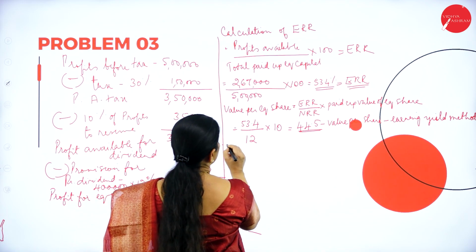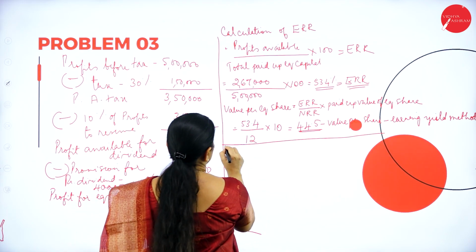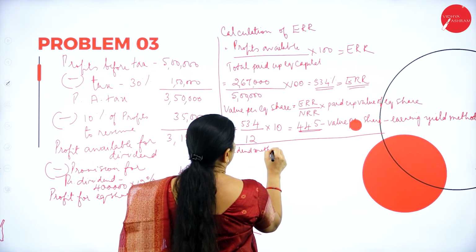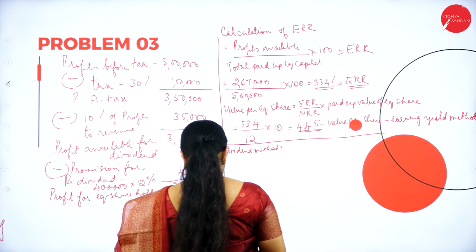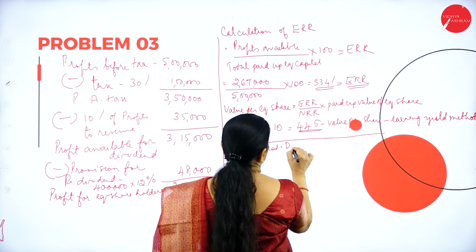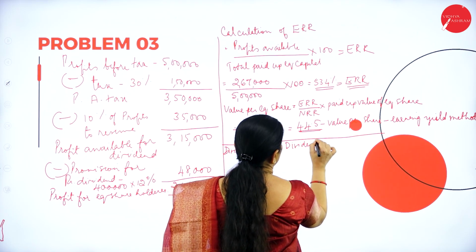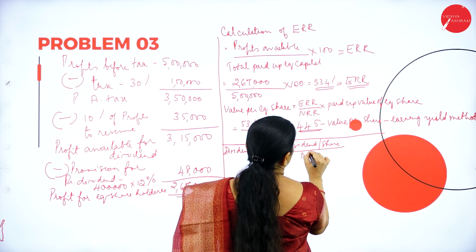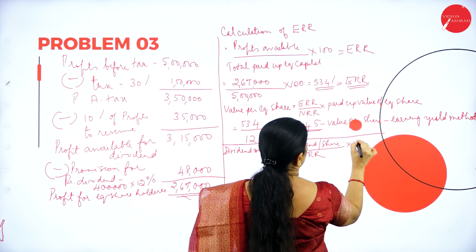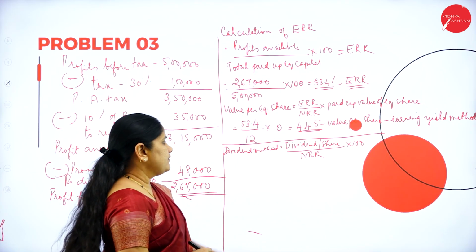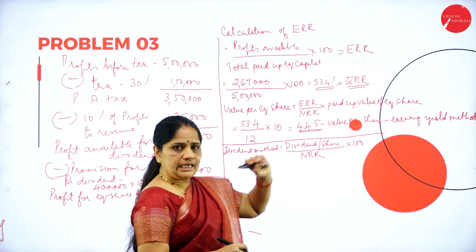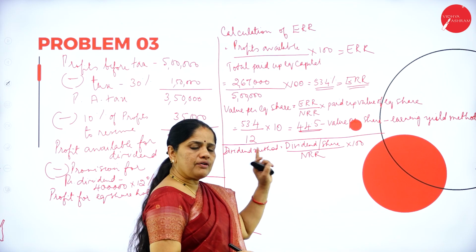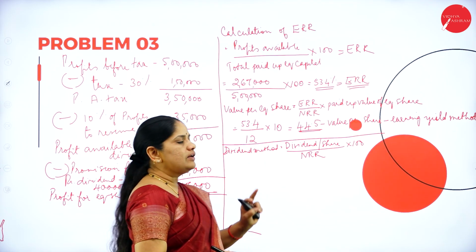Next is the dividend method. In the dividend method, we have dividend per share by NRR into 100. Now, how do we calculate the dividend? Dividend will be profits available divided by total number of shares.